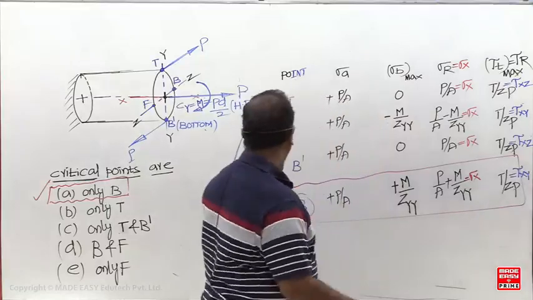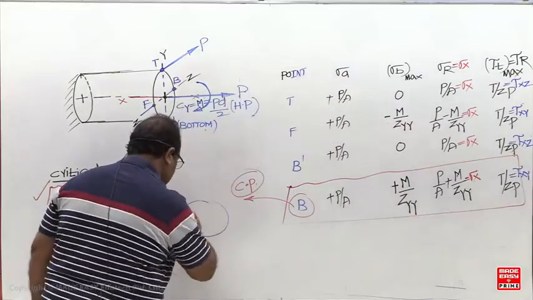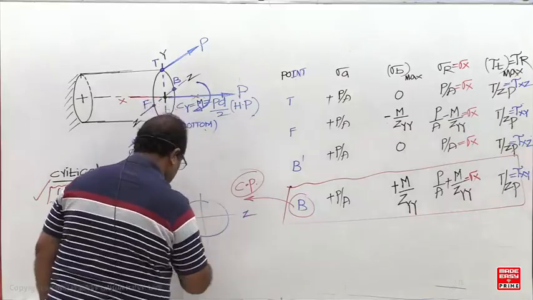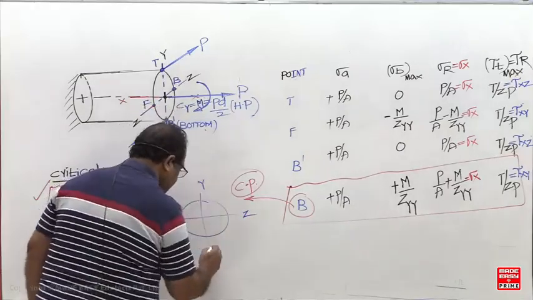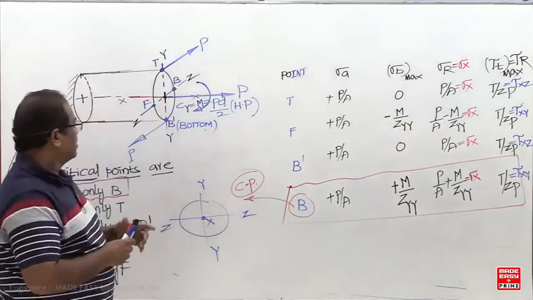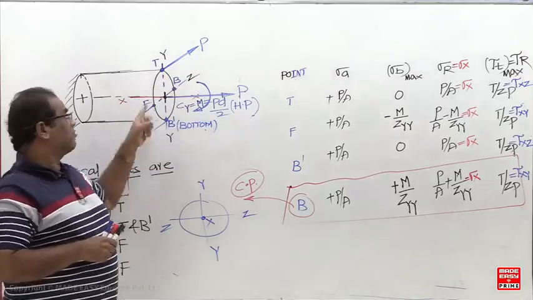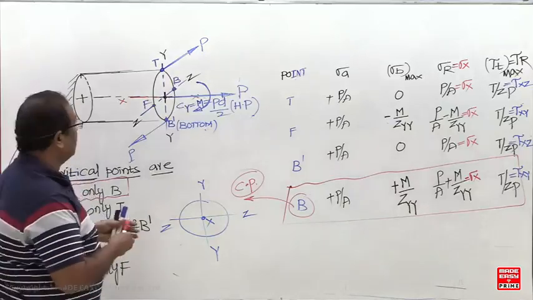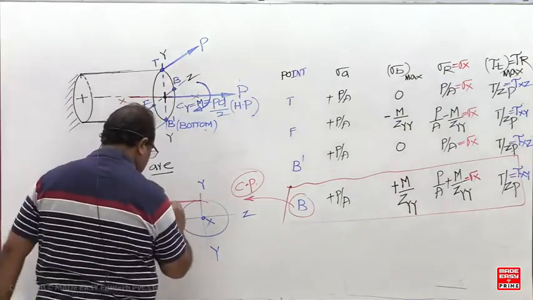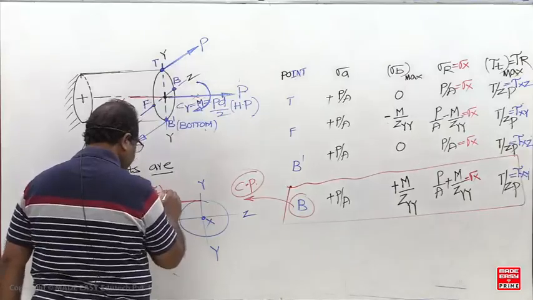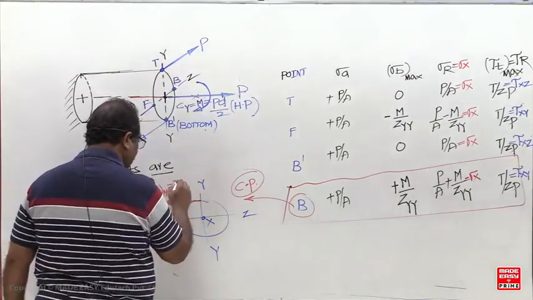The cross section is like this. This is Z, this is Y. This twisting couple is clockwise. So this will become tau xz.